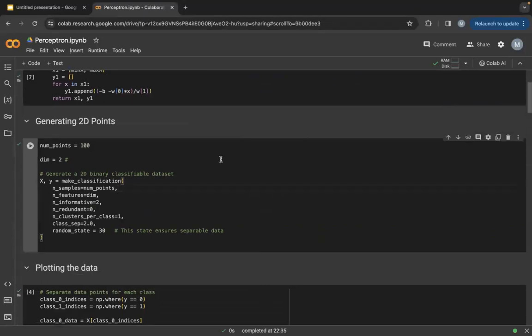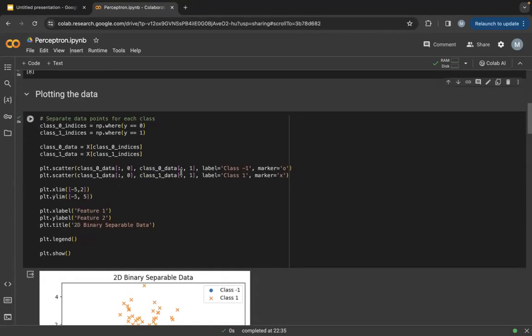Let's start generating our data set. For us to visualize it easily, we're using 2D data with 100 points: 50 of class +1 and 50 of class -1. Let's visualize what this data looks like.